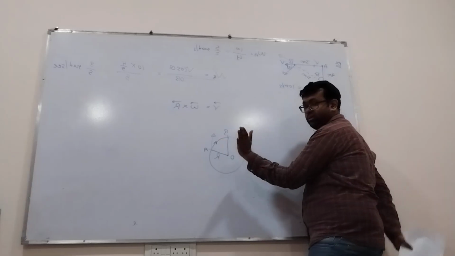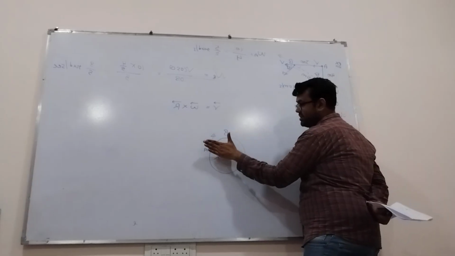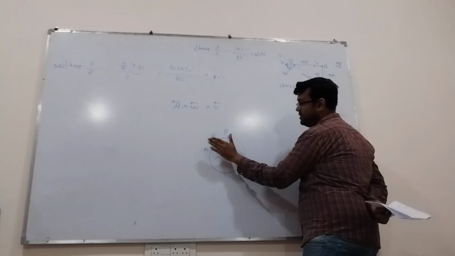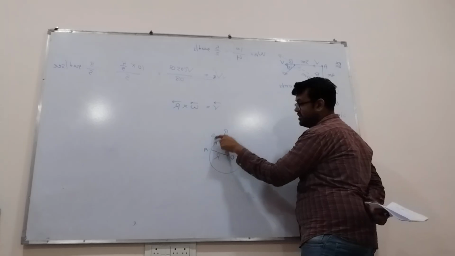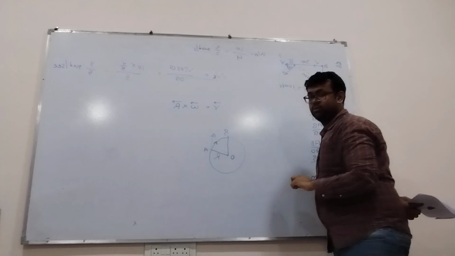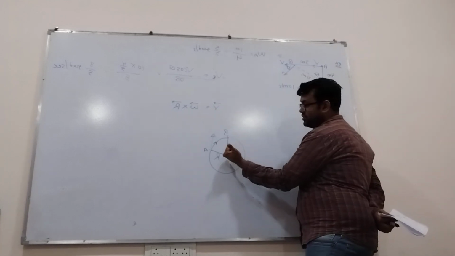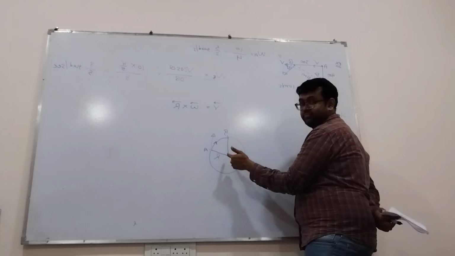So we put our palm in the direction of omega, then move our palm in the direction of r, and the direction of the thumb will give the direction of the velocity. These three terms are perpendicular to each other. You can see omega is out of the plane, so omega is perpendicular to r.